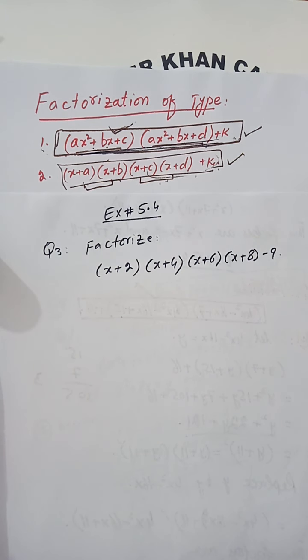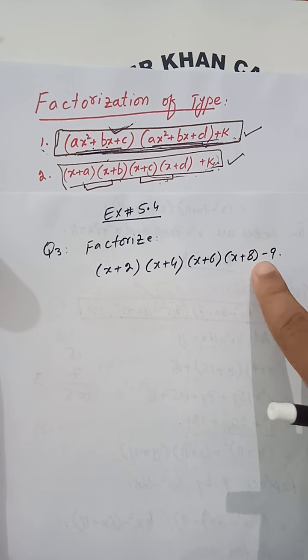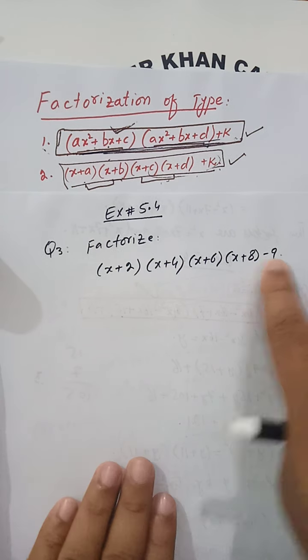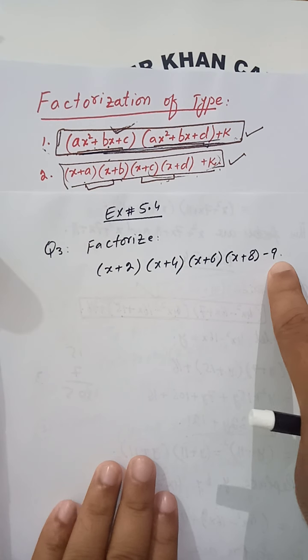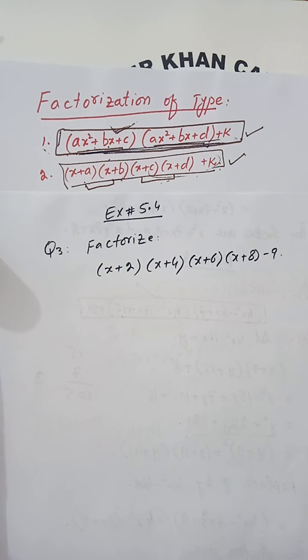Now one other thing, if I remove this minus 9, then you need to do nothing, they are already in factors. But when I add some constant, then if you multiply these 4 factors together, you will get a biquadratic algebraic expression which needs factorization.